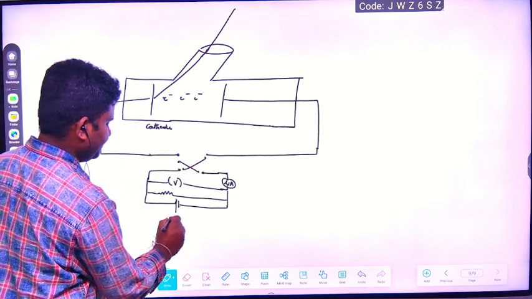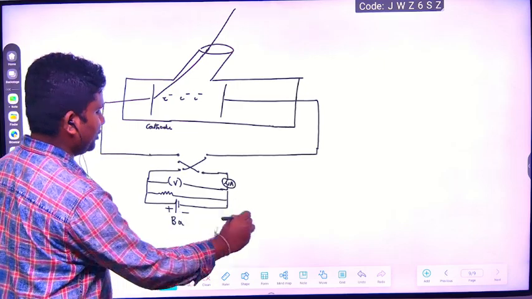This is a battery. This is positive potential and negative potential.